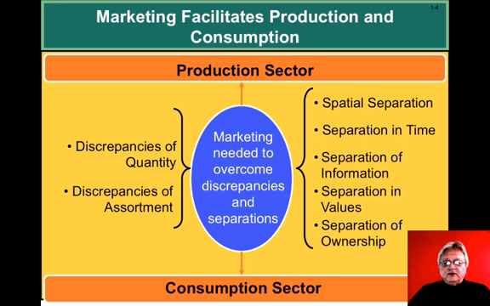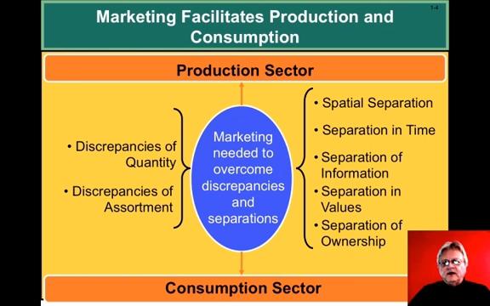On the right side of this particular graphic, and this ties into the material in Chapter 1, there's a spatial separation between producers and consumers. There's a separation in time, separation in information, separation in value, and a separation in ownership between the production sector and the consumption sector.